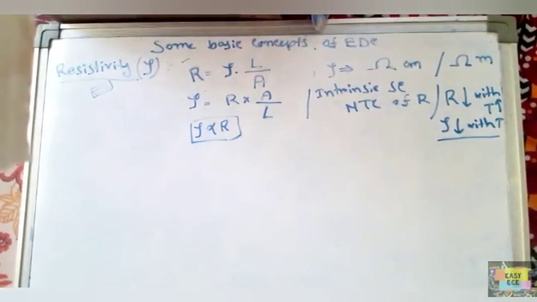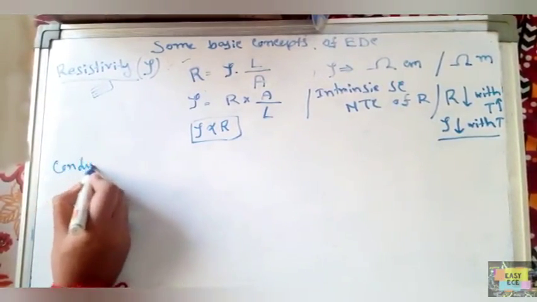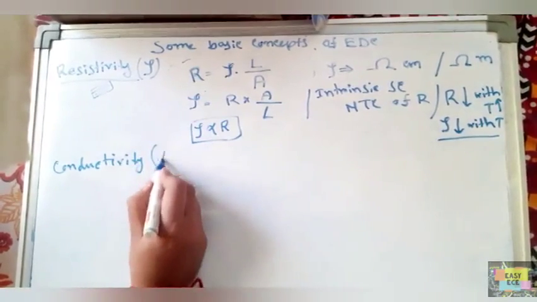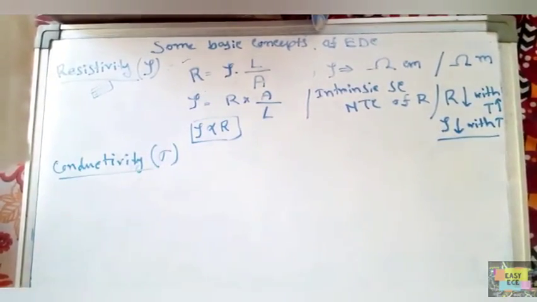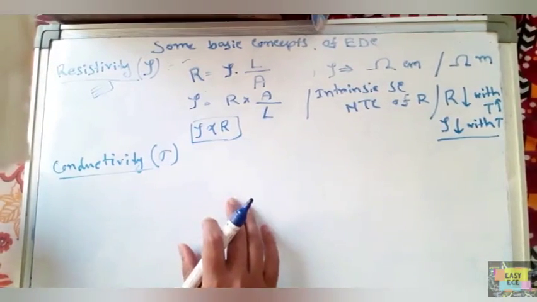So now after resistivity, another is conductivity of semiconductor. It is denoted as sigma. Conductivity means the inverse of resistivity.